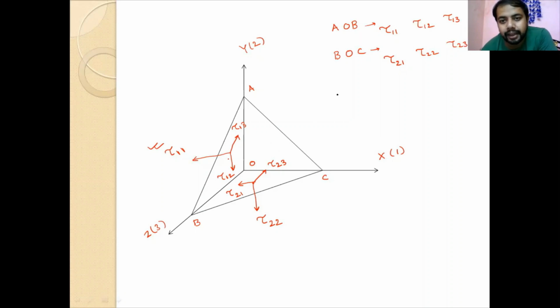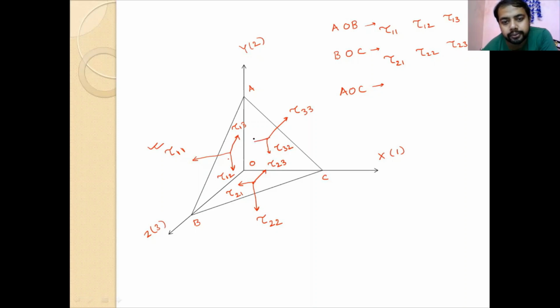And the area AOC, over this area what is acting? Normal, tau 3. From the area, if you draw a normal, it is along the z-axis, so 3. And that is also a normal line, so tau 3. That gives you tau 3, 2.